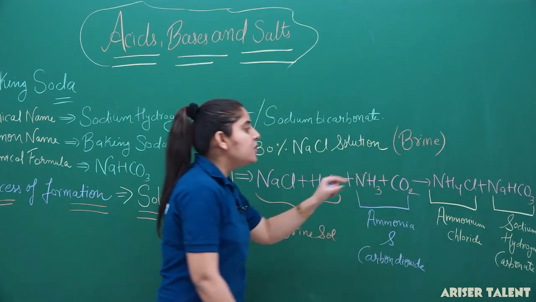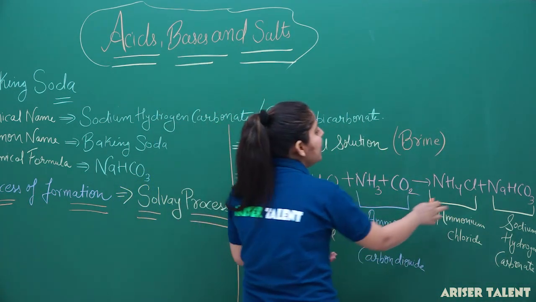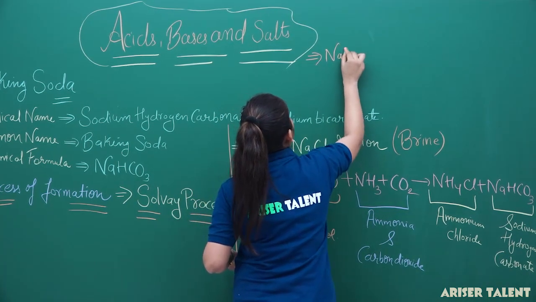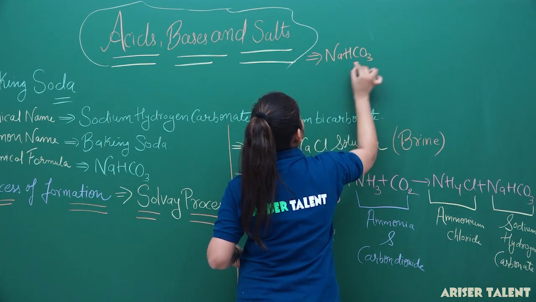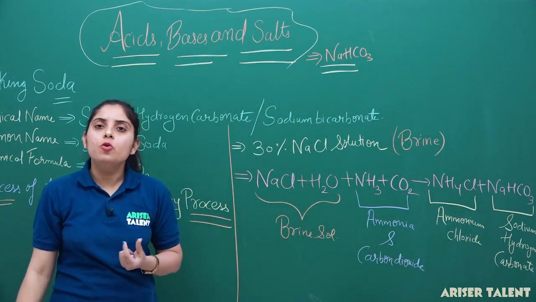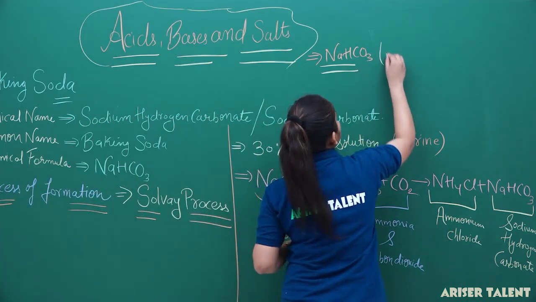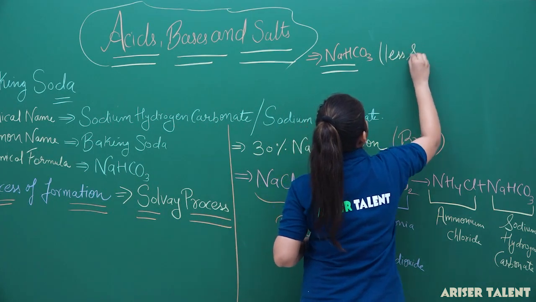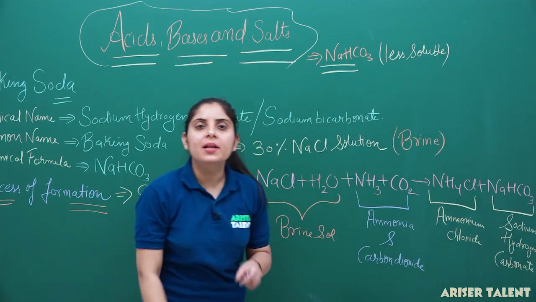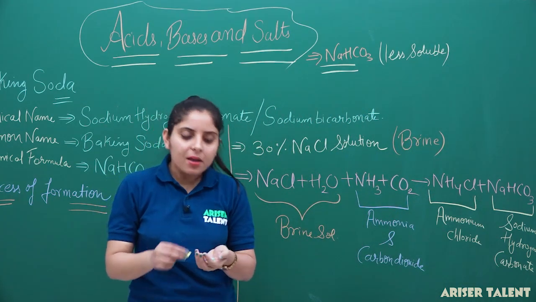The compound obtained in this equation, that is NaHCO3, sodium hydrogen carbonate, on the product side is less soluble, and the component which is less soluble can be easily separated out from the reaction.